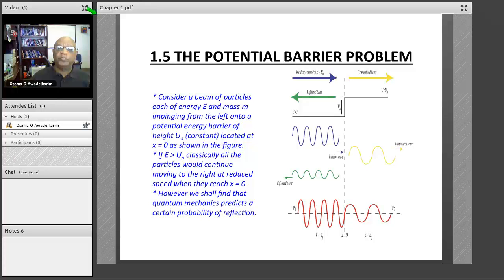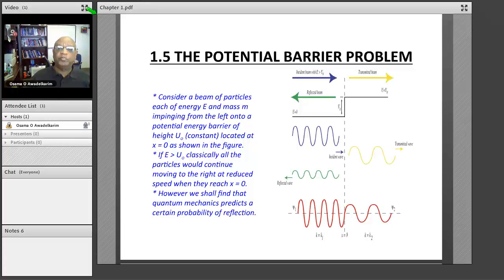That is classically. Okay, now we said particles in quantum mechanics can be described by waves. So the incident particles are described by this blue wave here, which is a large wave, meaning that we have a large density of particles.